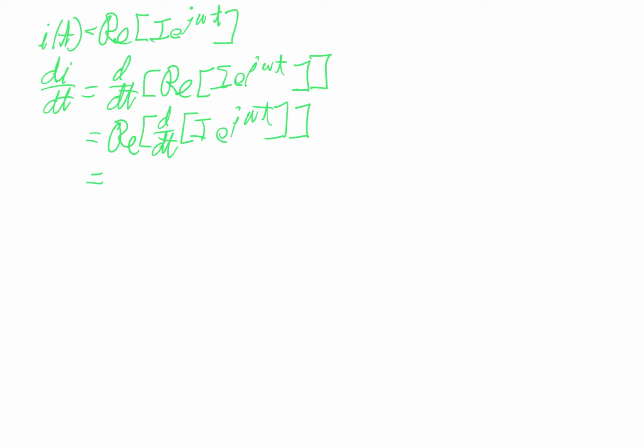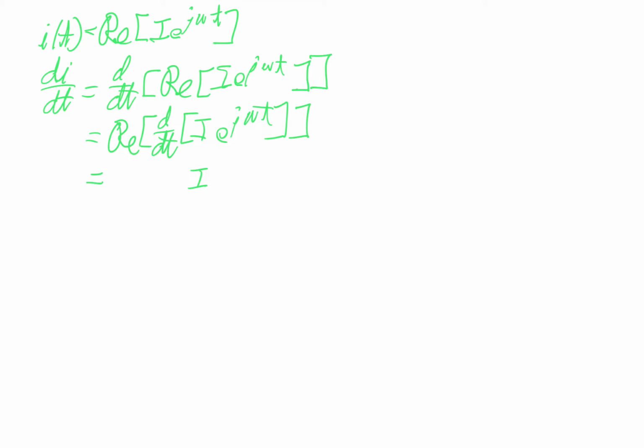and now if I focus on the derivative inside, I see that the quantity I is a constant, the phasor I. So I will have an I here when I take that derivative. And now I just have to take the derivative with respect to time of e to the j omega t.